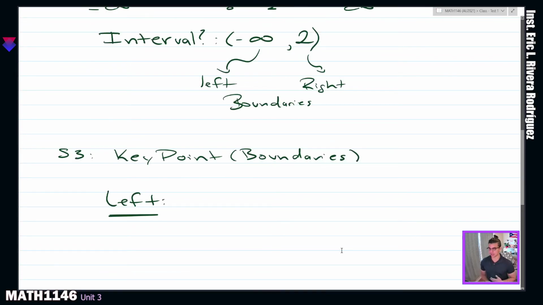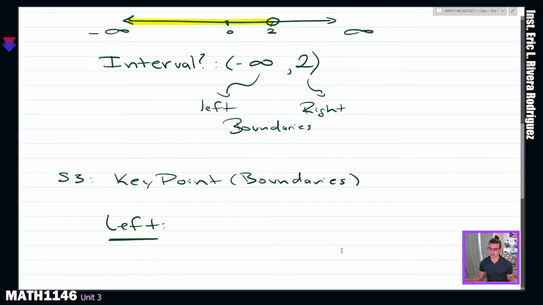Which of all those numbers is the easiest one to work with? Because what we have here is y equals x minus 4. So we need to pick one x value, but we don't want to complicate ourselves. We want to find the easiest value to work with.